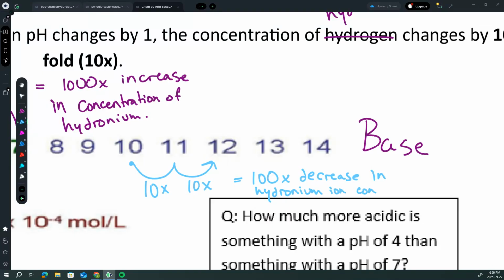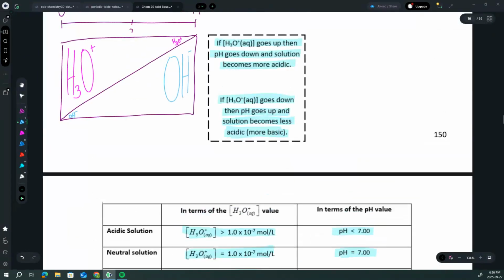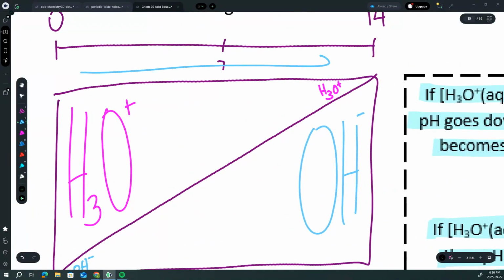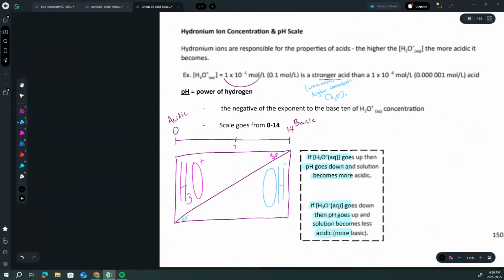To go back to our visual here, the more basic you become, the smaller the concentration of hydronium ions that you have.